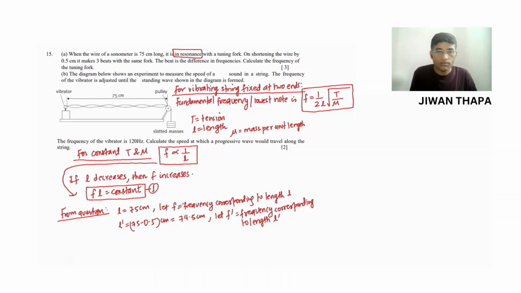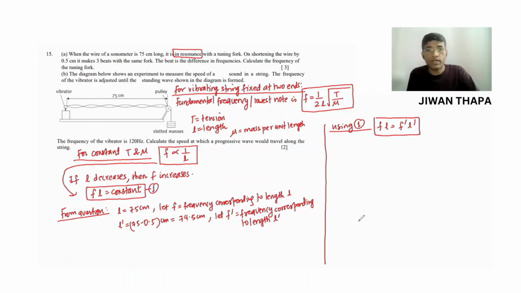So now using equation 1, we have f L equals f dash L dash. As I said earlier, when length is decreased, then frequency increases.